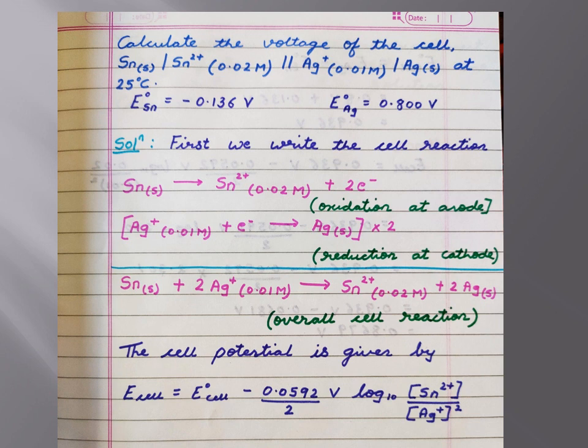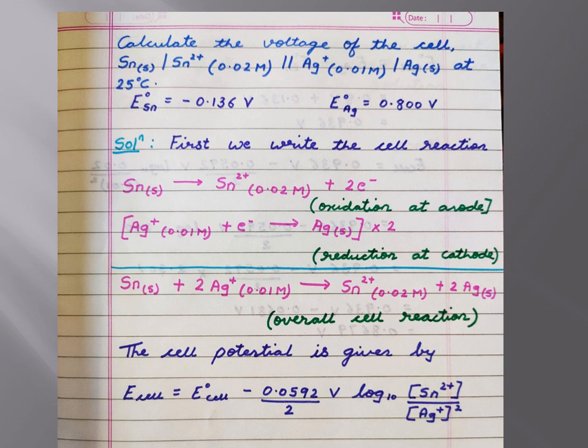Always remember that the standard potential of the cathode is always greater than that of the anode. From these E0 values you can see that Ag is the cathode and its value is much higher than that of the anode. When a metal electrode is at the left, it is the anode, and when it is at the right, it is the cathode. Now it is very important for us to write down the cell reaction.